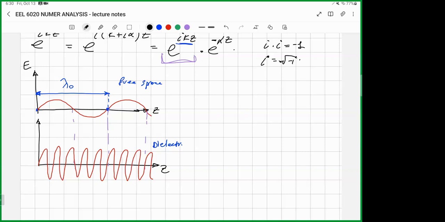So you can say that the wave kind of gets squeezed in the dielectric. It takes more oscillations per unit distance.